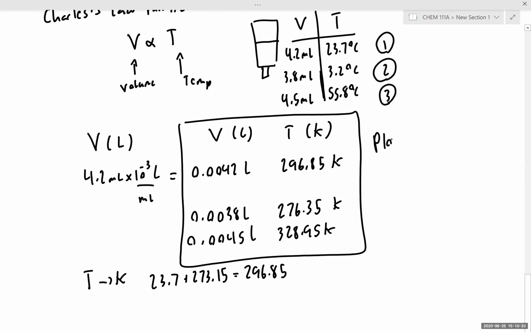We are going to plot this data in Excel to try to find a linear relationship between volume and temperature. So that's our goal. So we're going to begin to open Excel.